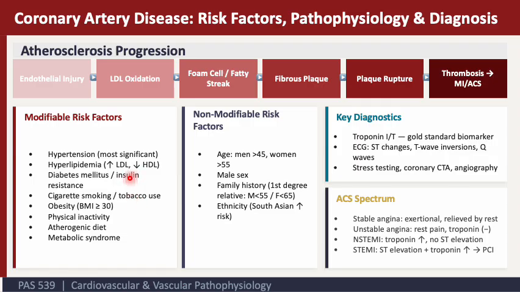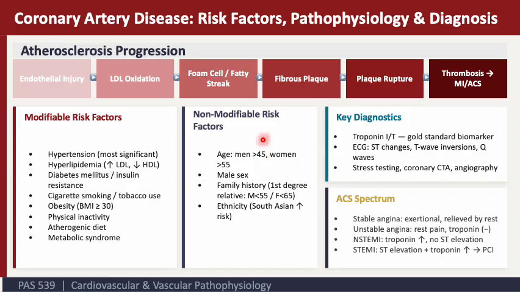Diabetes mellitus, insulin resistance, tobacco use, obesity with a BMI greater than 30, physical inactivity, an atherogenic diet, so just a horrible diet, and then those that may have metabolic syndrome, which is usually hypertension, hyperlipidemia, some glucose intolerance, as well as increased abdominal girth.